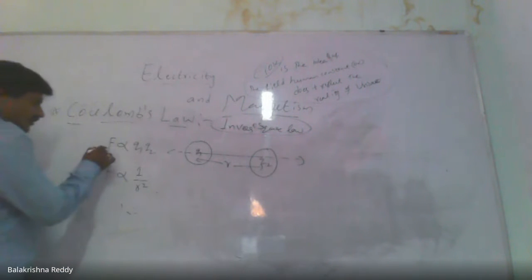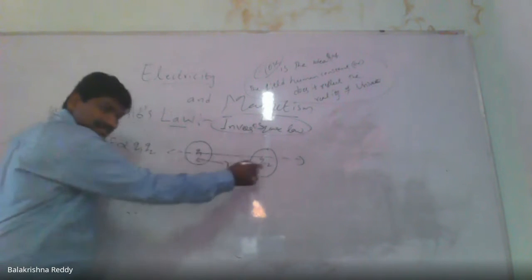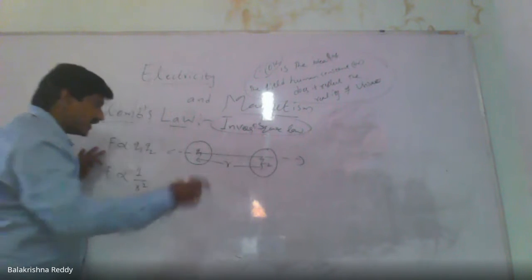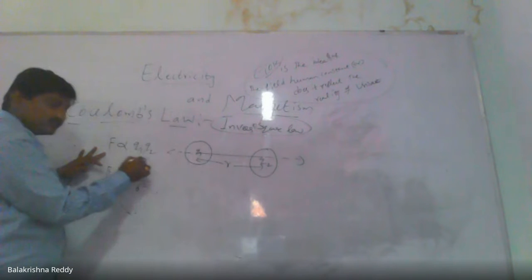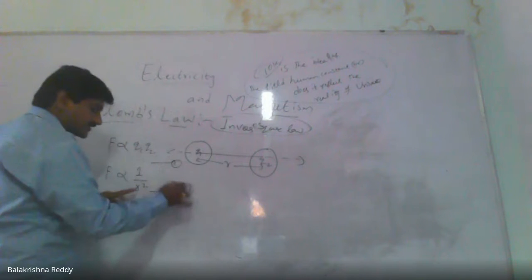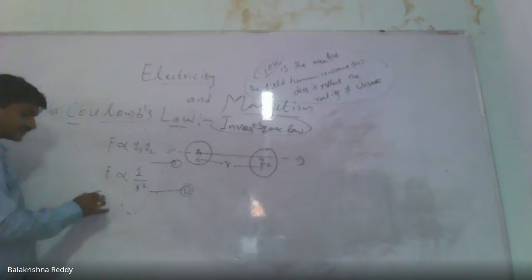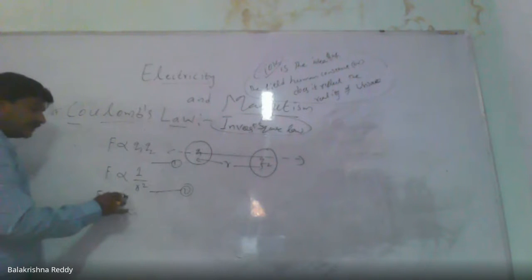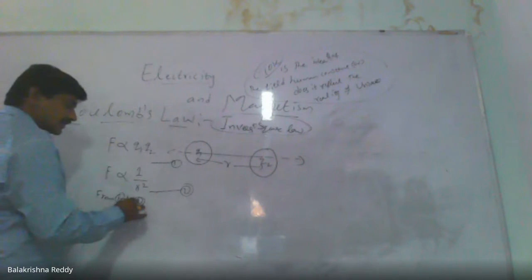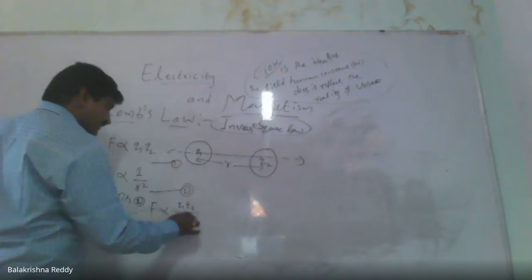So, the electrostatic force of attraction F between any two charges is directly proportional to the product of those two charges and inversely proportional to the square of the distance between them. From these two statements, F is directly proportional to Q1 Q2 by R square.